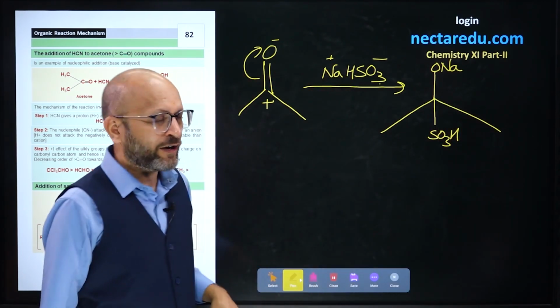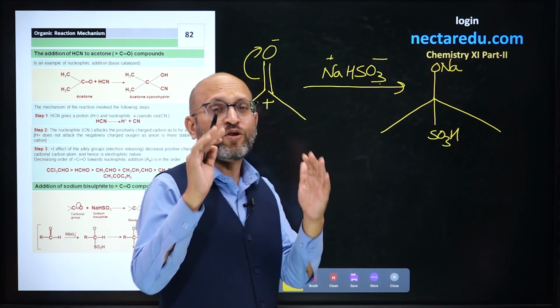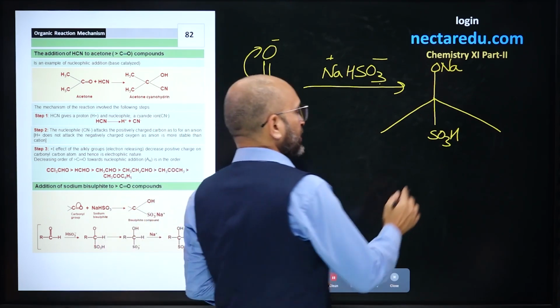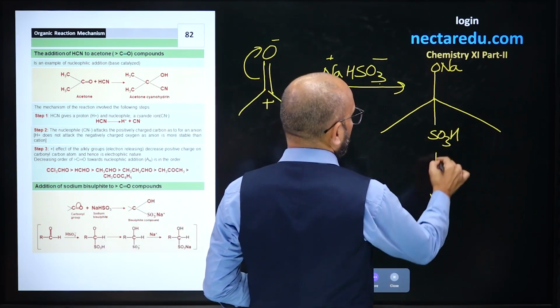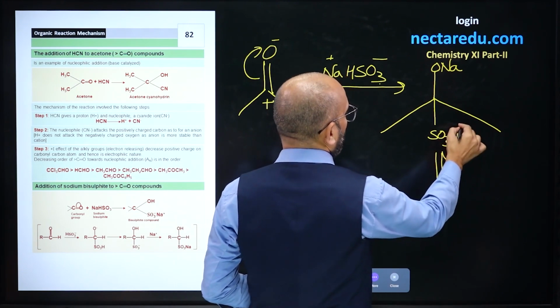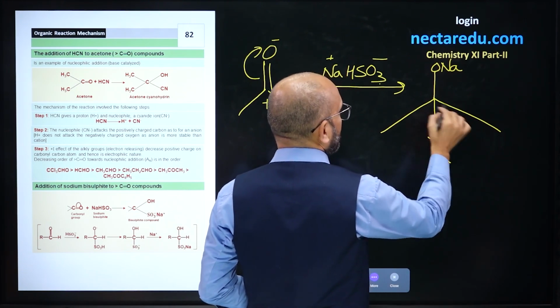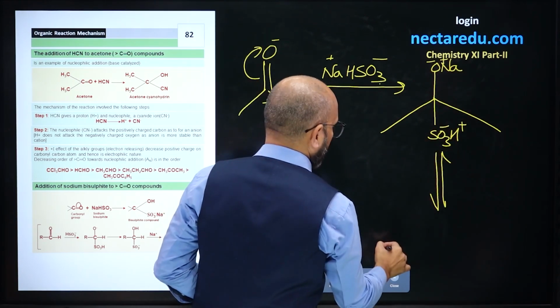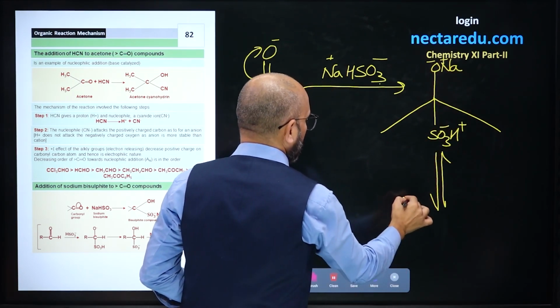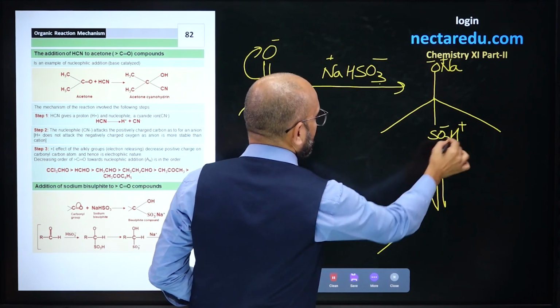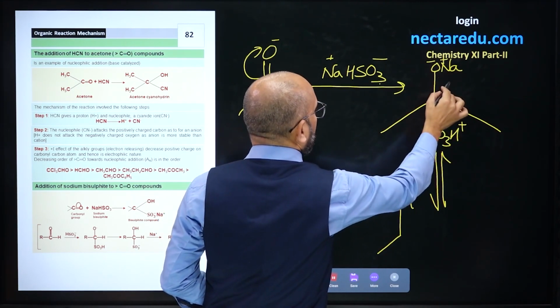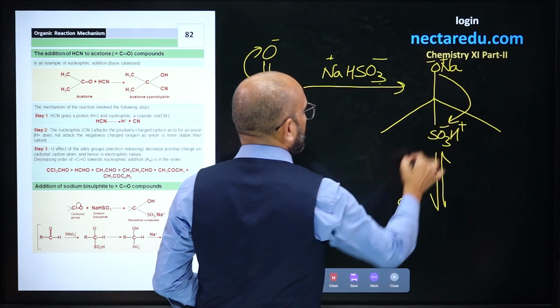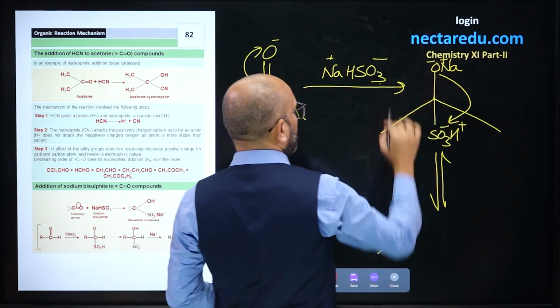From here you can figure out that sulfonic acid is a strong acid. So this will give out H plus, SO3 minus and H plus, and Na plus will come here. So at the end you get a product like this: OH, as this H plus will go and combine with O minus.